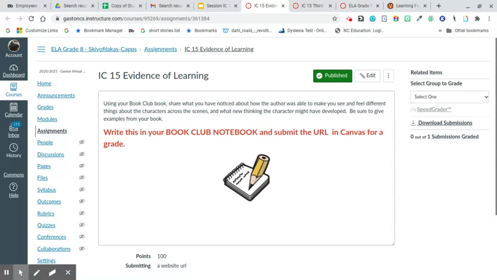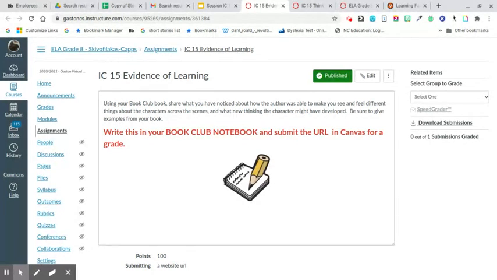Using your book club books, I want you to share what you've noticed about how the author was able to make you see and feel different things about a character. Okay? That means I want you to look for those character shifts. What new things a character might have developed that make you think differently or feel differently about that character.